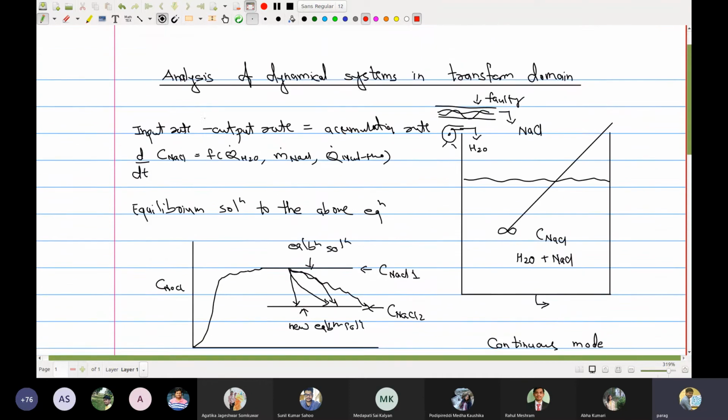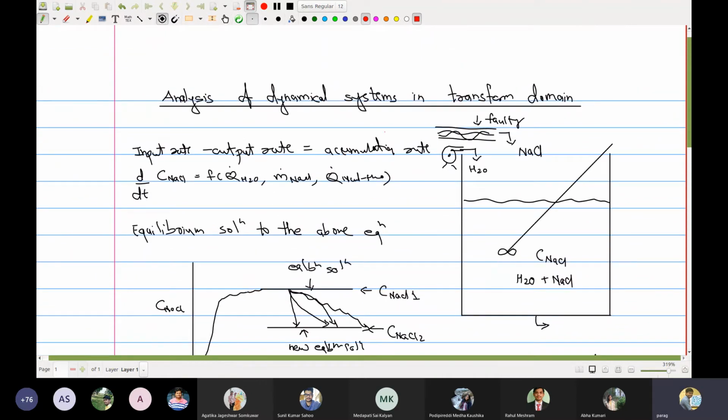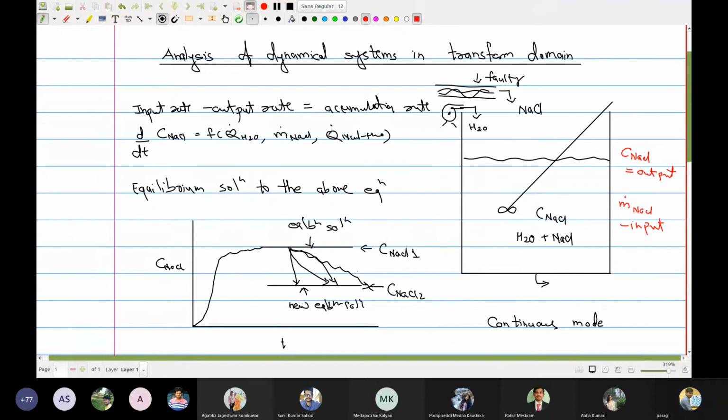Because if you see this case, the concentration of NaCl is the output variable, and the mass flow rate of NaCl is the input function or input variable or forcing function. Why is this the case? Because corresponding to a given mass flow rate of NaCl, you achieved an equilibrium solution, C_NaCl1.